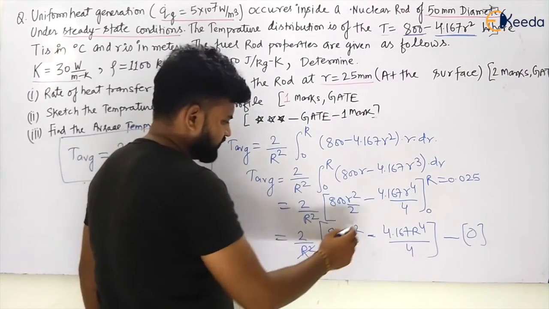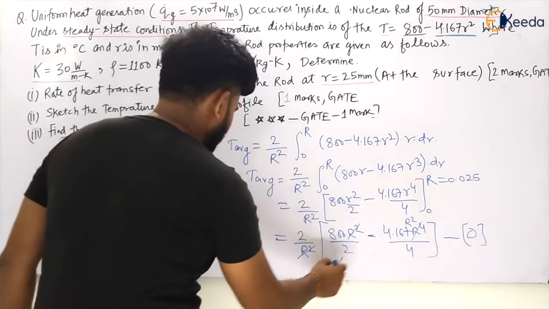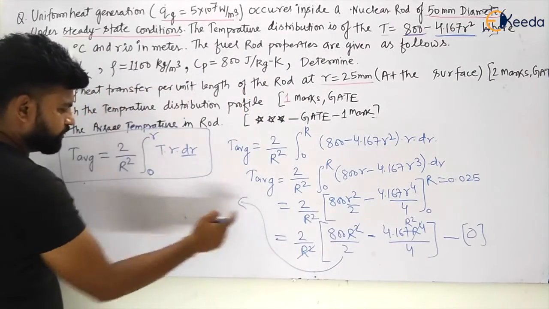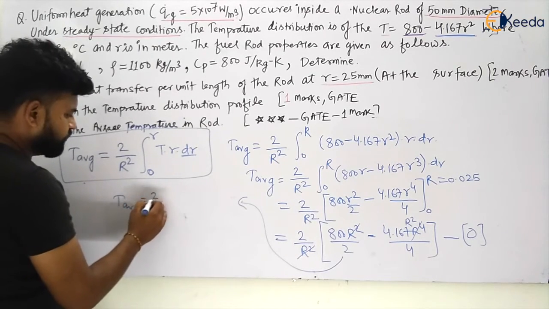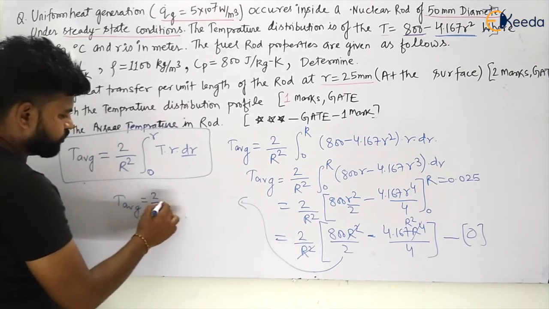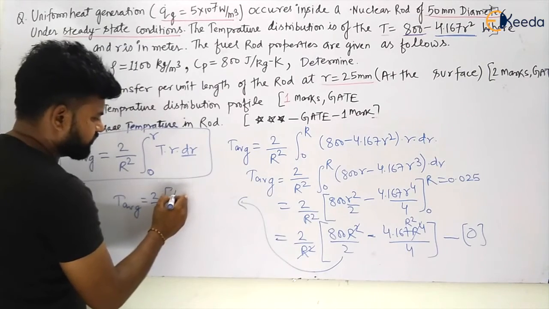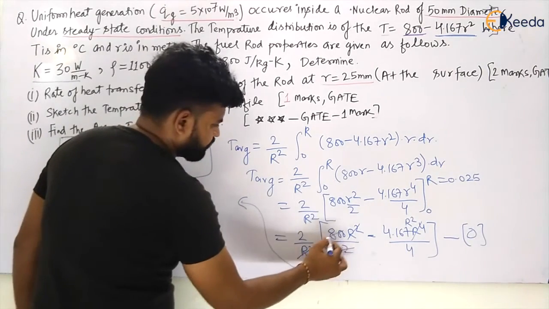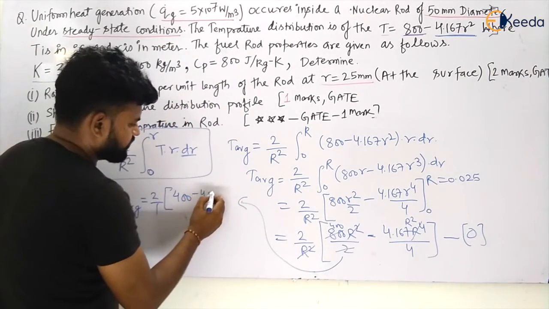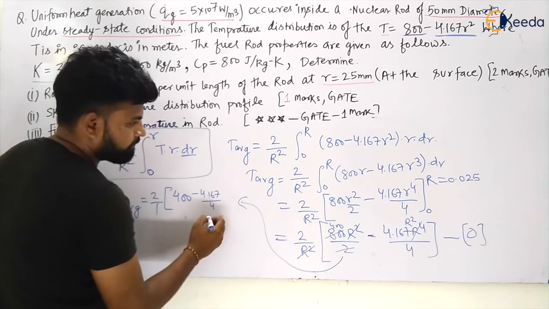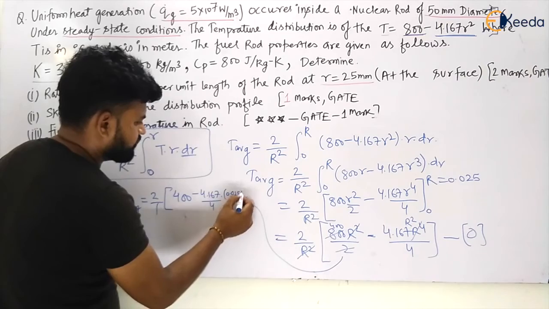I can cancel this R square and R square. So the remaining part will be T average is equal to 2 by 1 into 800 by 2, which becomes 400, minus 4.167 by 4 into R square, which is 0.025 square.